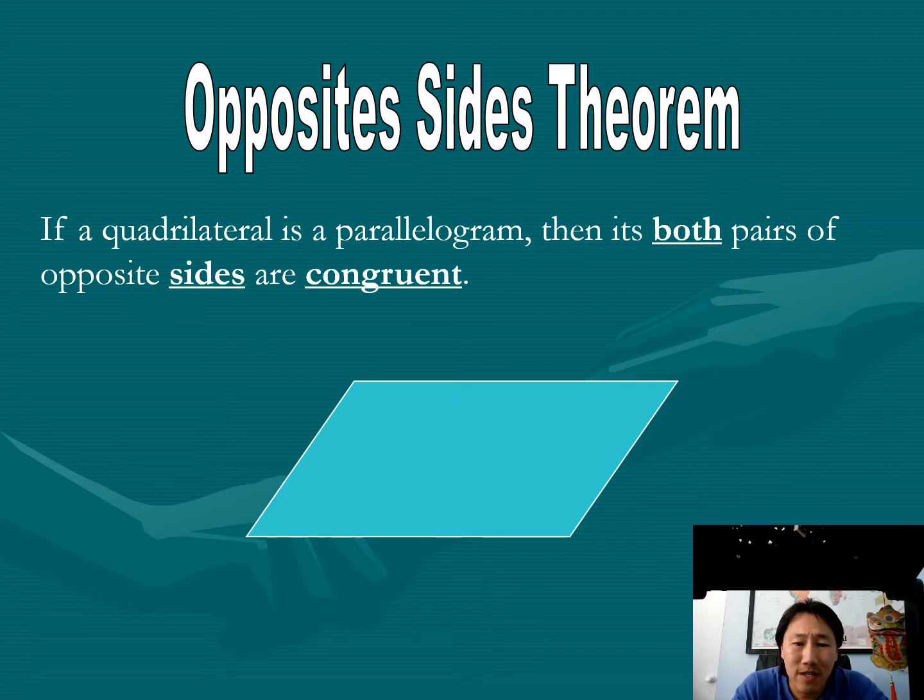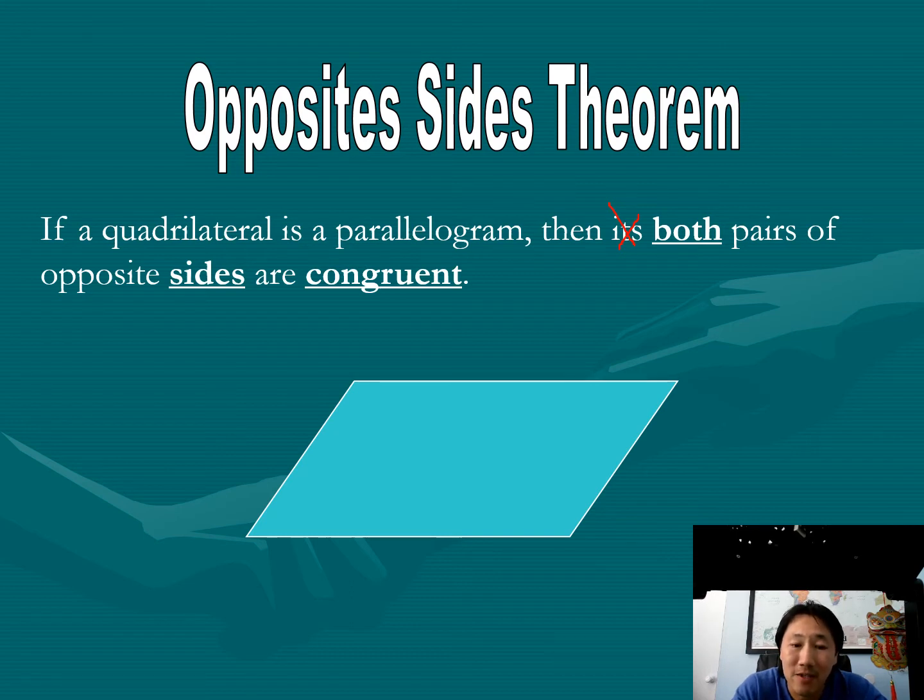All right, the first theorem is opposite sides theorem. If a quadrilateral is a parallelogram, then both pairs of opposite sides are congruent. So there was a typo. All right, if a quadrilateral is a parallelogram, then both pairs of opposite sides are congruent.